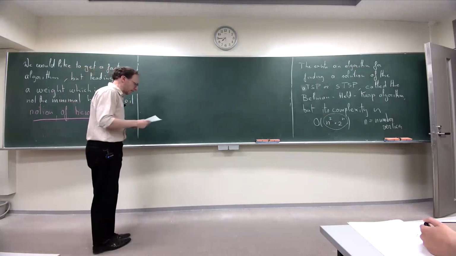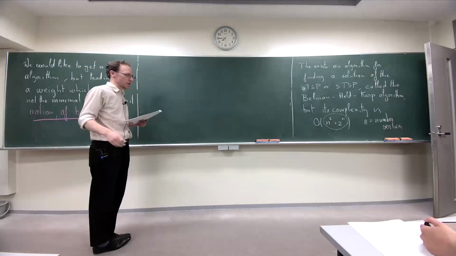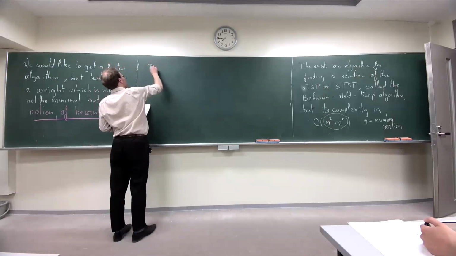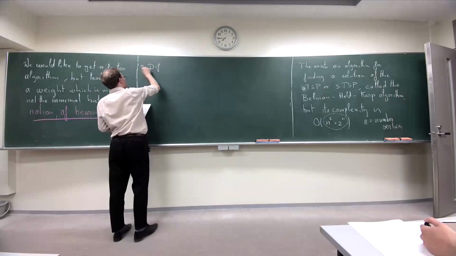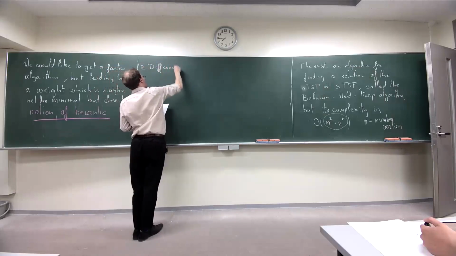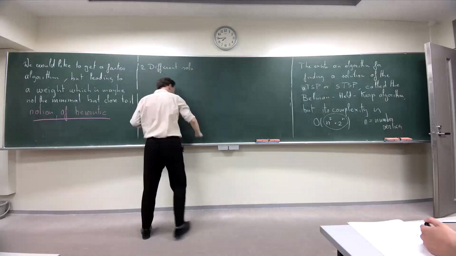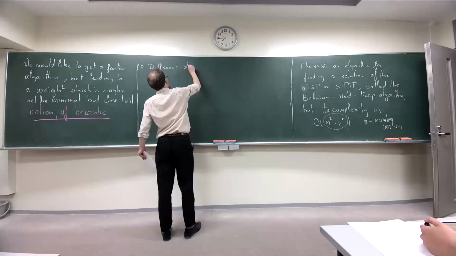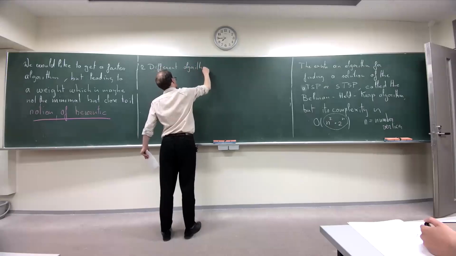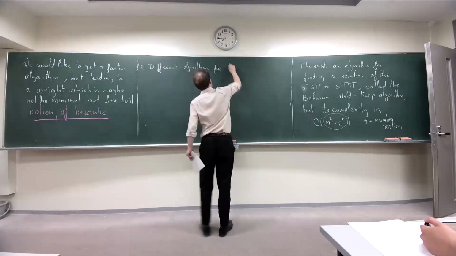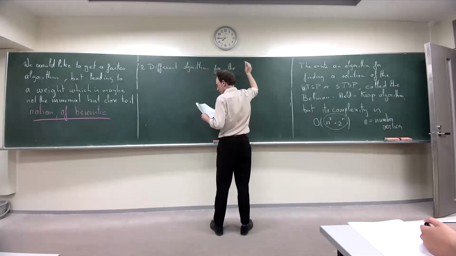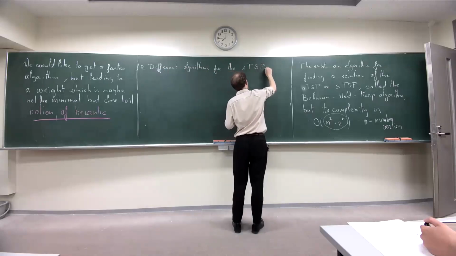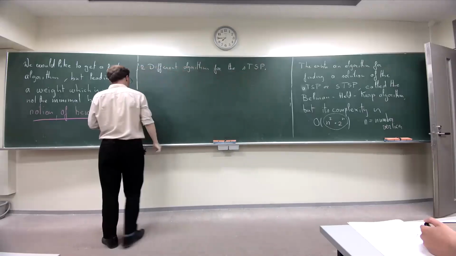So I give you two different approximate solutions, or two different algorithms, for the symmetric Traveling Salesman problem.